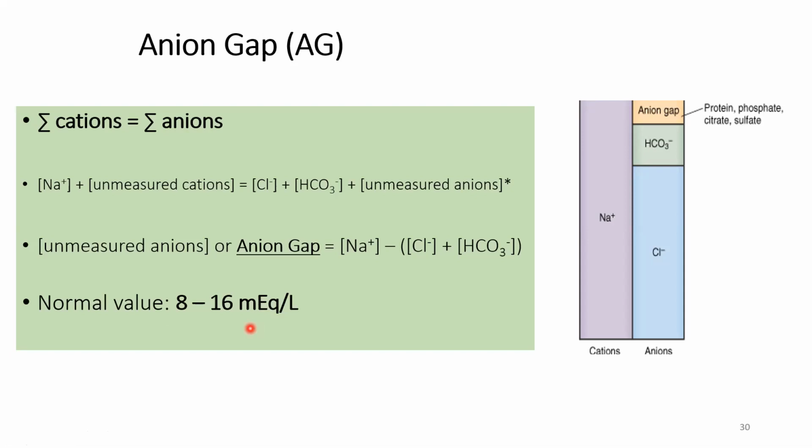Acid will have its own specific anion, right? So that anion will be added here, because bicarbonate and chloride are known. If it's chloride based, it will be known, and if it's based on any of these, it will be known. If there is another anion which has been added to it, the value of this anion gap will change, and that's how we catch the culprit.